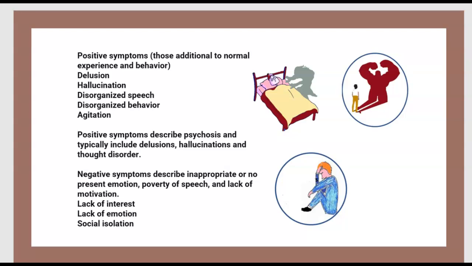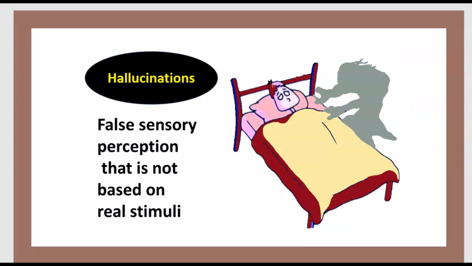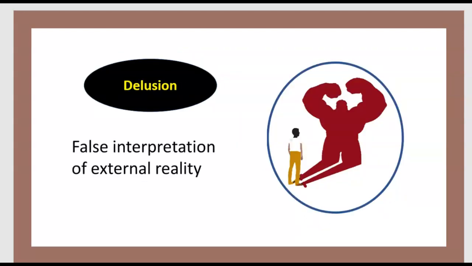Negative symptoms describe inappropriate or no presentation: poverty of speech, lack of motivation, lack of interest, lack of emotion, social isolation. Hallucination is a false sensory perception that is not based on real stimuli. Delusion is a false interpretation of external reality.